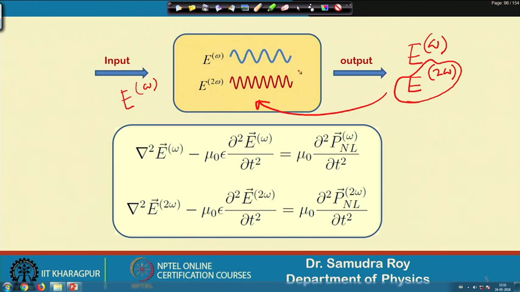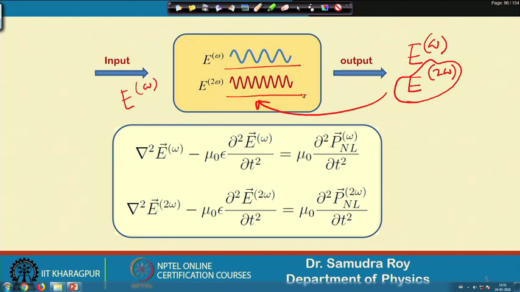So, in this figure we find that inside the material, which is nonlinear in nature, we have the fundamental wave and also the second harmonic, both are present. So, for both cases the nonlinear Maxwell's equation, or the nonlinear wave equation, is valid. So, for two waves we have two equations.